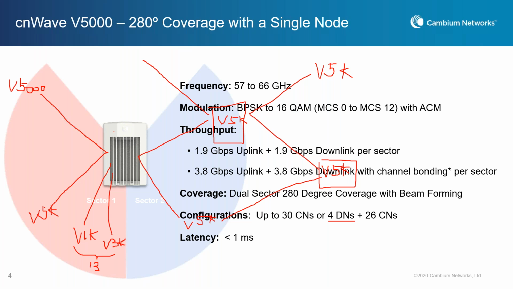So the answer is yes, you can use the V5000 to form the mesh. At the same time, it will work as an access point to provide the coverage for the area. It has radio coverage.